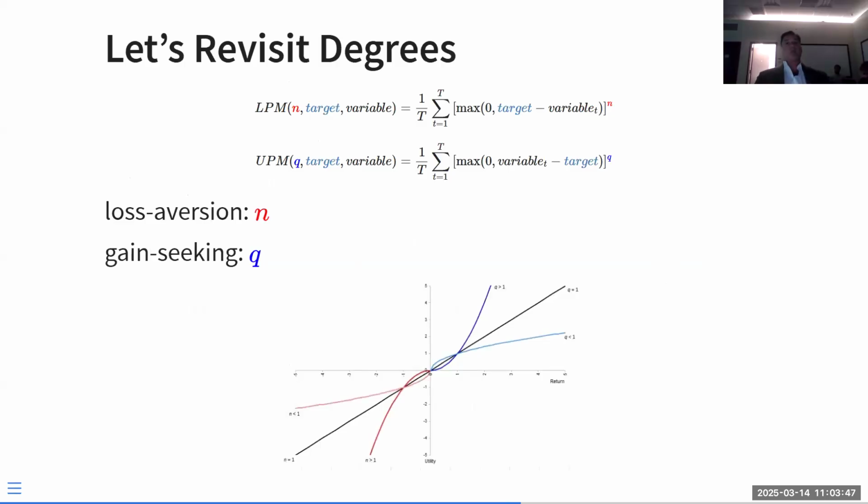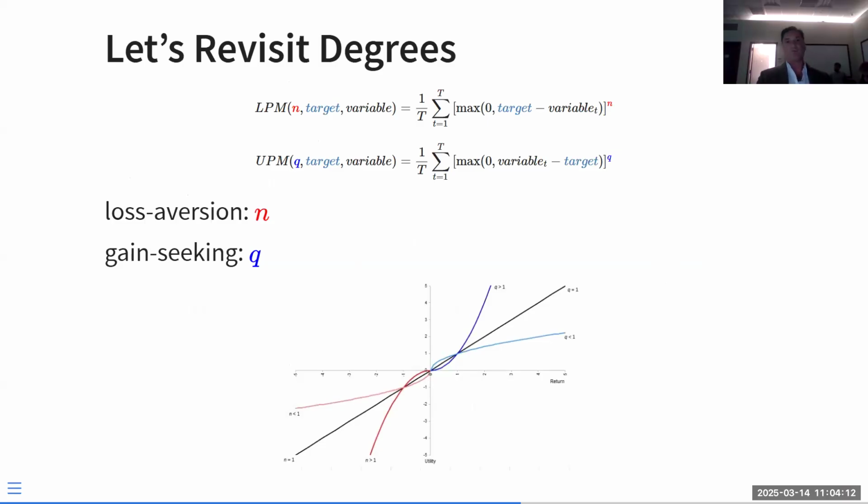So here are some examples of utility functions using our partial moments. And your target could then be your cost of capital or some threshold return that you need to meet for an obligation. So if you had a 6% obligation, a return of 4% isn't actually a gain for you, is it?